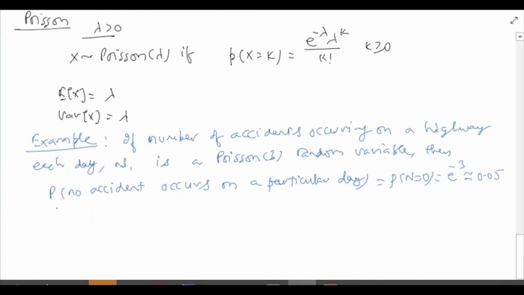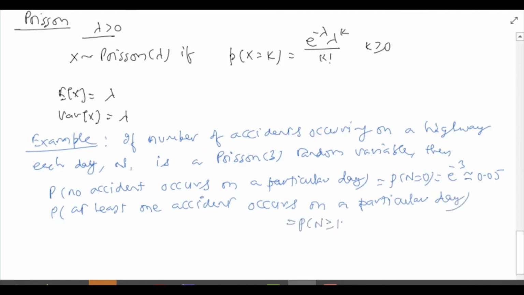Similarly, the probability that at least one accident occurs on a particular day, that is the probability that n is greater than or equal to 1, will be 1 minus the probability that n equals 0, so it will be 1 minus e raised to minus 3, which will be roughly 0.95.